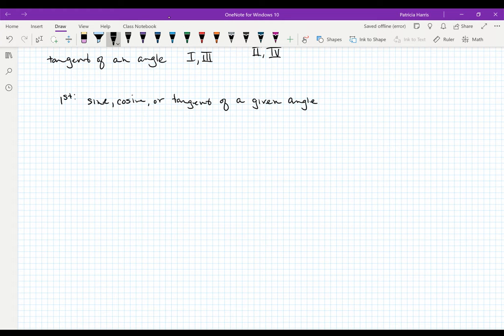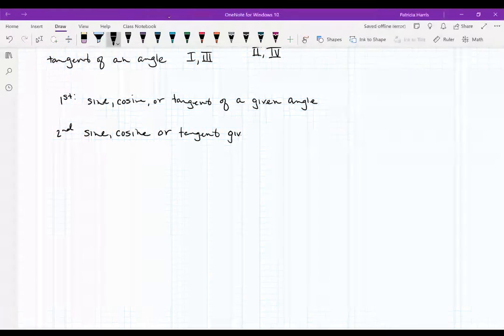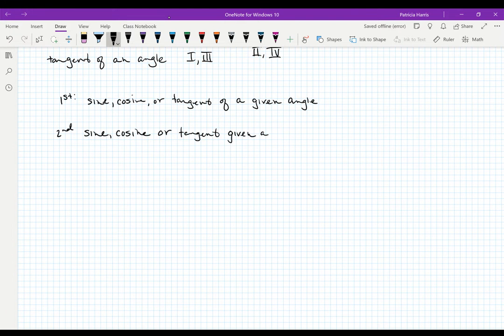Okay, and second, we're going to find the value of sine, cosine, or tangent, sometimes all three, given a ratio and quadrant.